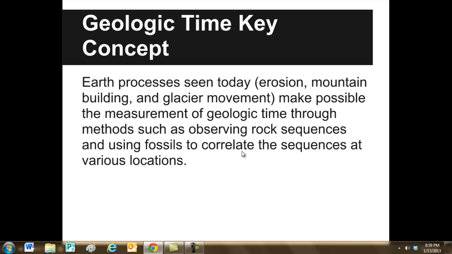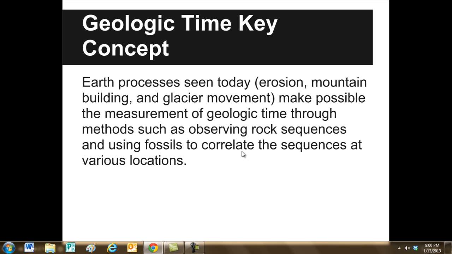Basically, what this boils down to is by looking at how erosion, mountain building, and glaciers behave and change the Earth today, we can see how fast and how similar those processes are, and compare them with landforms that we see today and deduce or infer what happened at that location in the past.